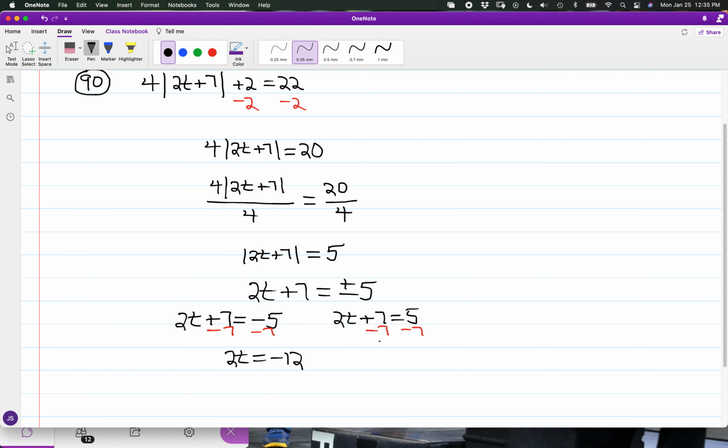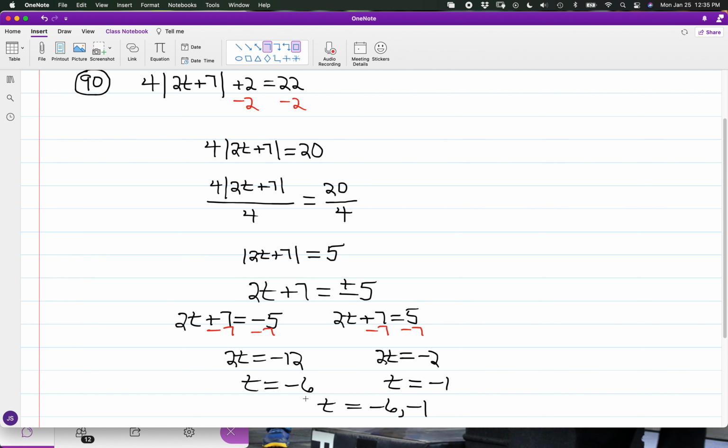For 2t plus 7 equal to 5, taking away 7, we have 2t is equal to negative 2. With division by 2, the lower solution for t is minus 6, and for the higher, negative 1. So there are 2 solutions for t: negative 6 and also minus 1.